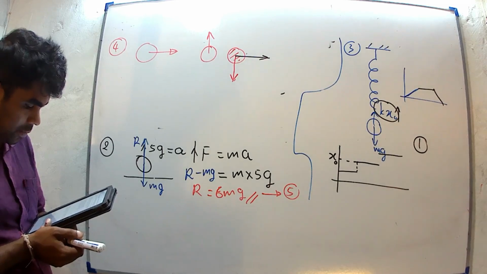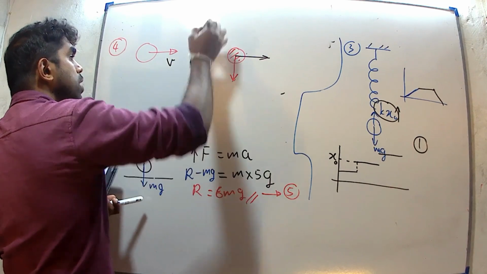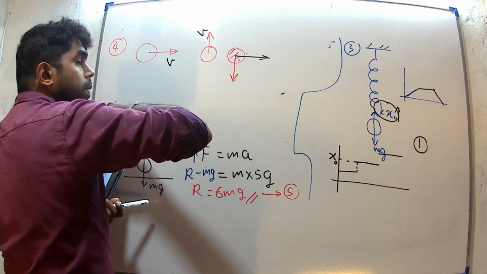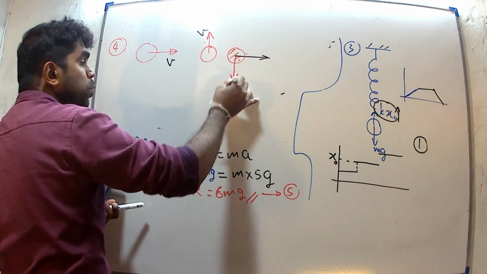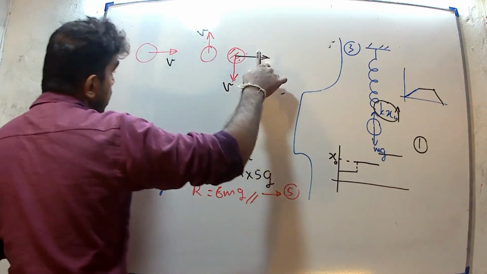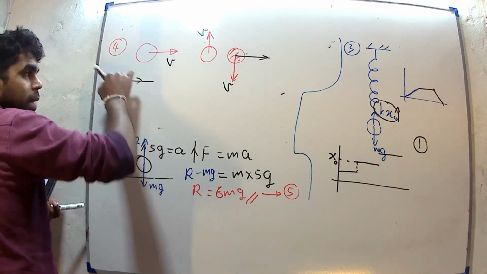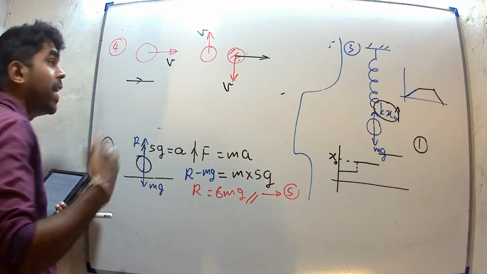What they have given, this velocity is v, this velocity is also v, then this velocity also should be v, and this velocity is greater than this one. I will consider conservation of linear momentum in this direction to explain this.